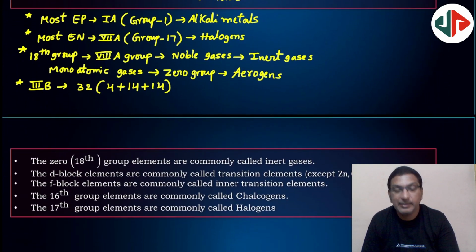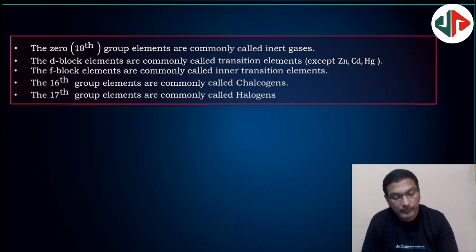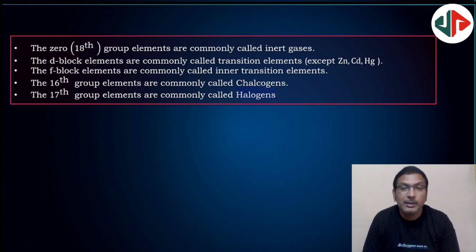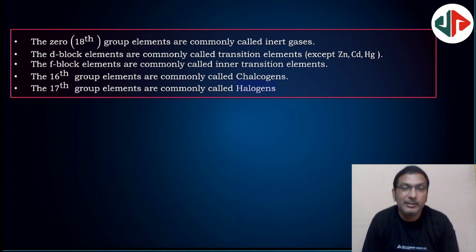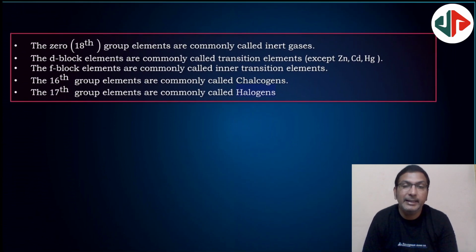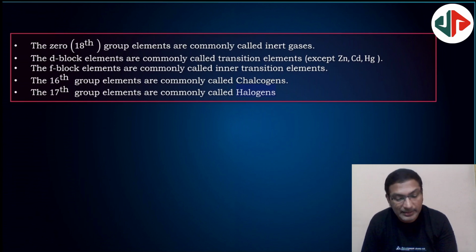Next points. We have already discussed this point. 0 group or 18th group elements are also known as inert gases. Inert means stable. They cannot form bonds easily due to completely filled ns and np subshells.